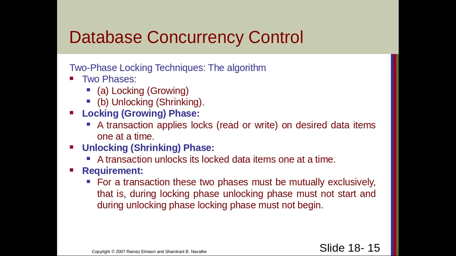That means there is a growing phase and there is a shrinking phase, and in the growing phase you should have only lock statements, and once the first unlock statement begins, then after that no more locking is allowed. Okay, that means all the locking statements should precede all the unlocking statements.